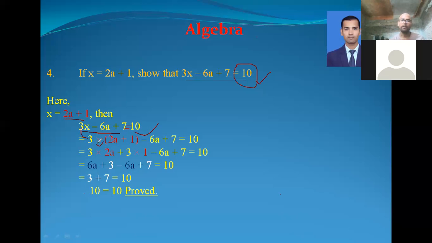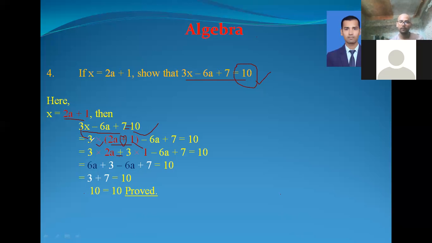And because of the multiplication, we have to multiply both terms by 3 here. So 3 into 2a you can see here. Then there is a plus sign, and again 3 into 1.